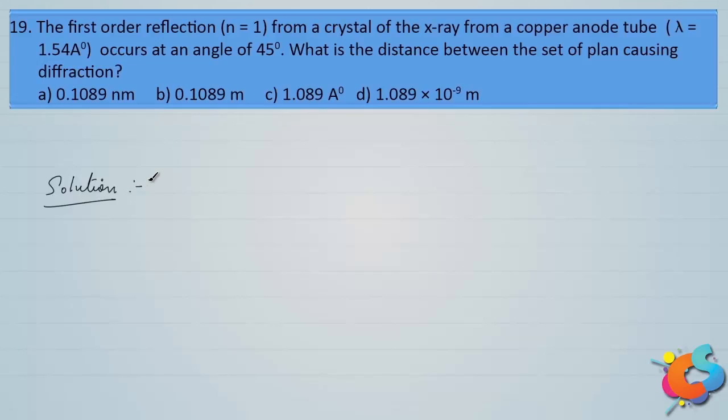Let's write down the given data for the above question. Here we have the reflection as n, which is equal to 1, and the wavelength as 1.54 angstrom, and the angle theta is equal to 45 degree, and we have to calculate the distance between the planes, given as d. The relation which satisfies the above data is n lambda is equal to 2d sine theta.